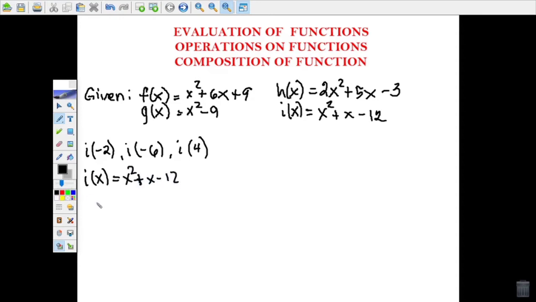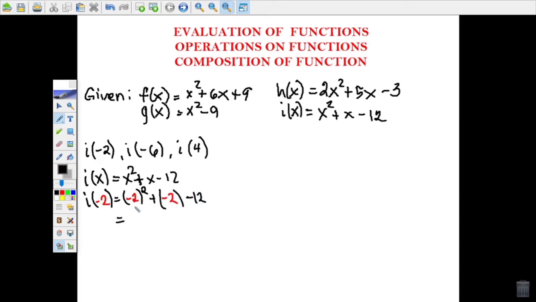So again, palitan lang natin yung value ni x. And ang unang pinapahanap is I of negative 2. So therefore, yung value ni x, palitan natin ng negative 2. So here, negative 2, then squared. Plus, here x is negative 2. Then minus 12.